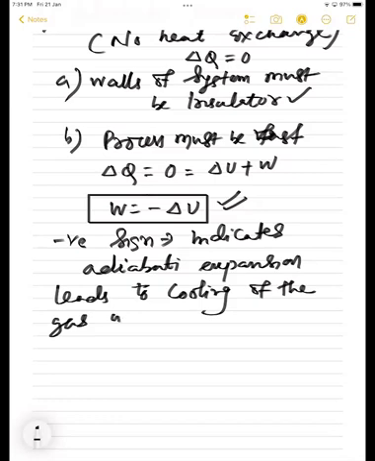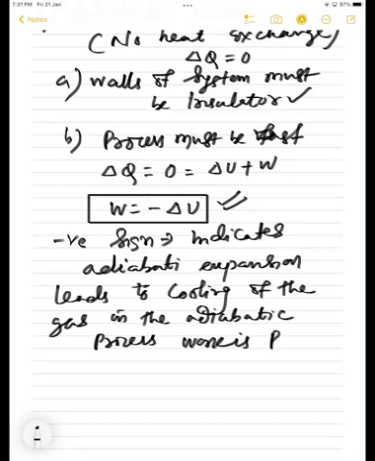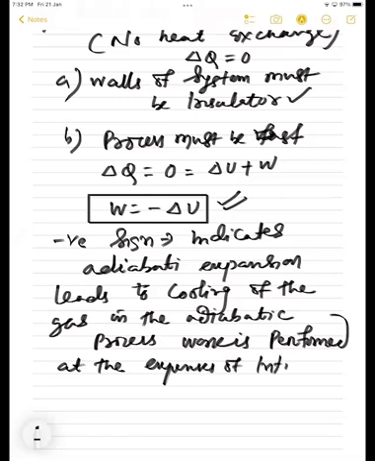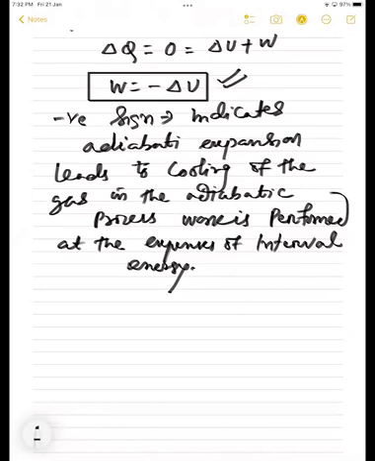Work is performed at the expense of internal energy, because no heat is there, right? No extra heat. Understood, students? So here, that means we can also say nC delta T is equal to 0 because specific heat is 0, right?